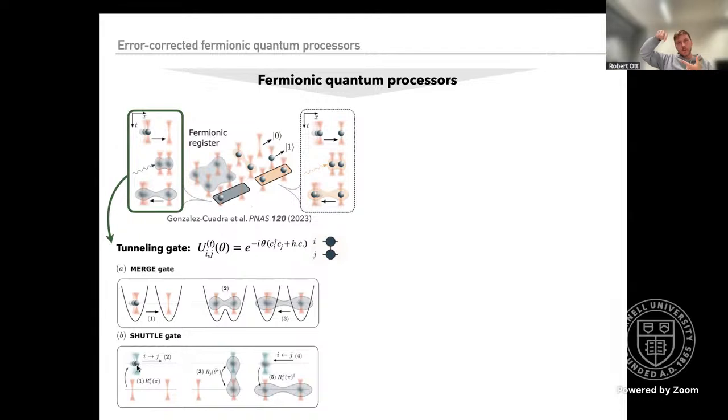You can move the transport tweezer around and therefore realize the tunneling interaction through this transport tweezer without actually having to tunnel. So the point being here is that there are different hardware realizations of doing that, but the principle is always the same. You have to actually move the atom between the modes.